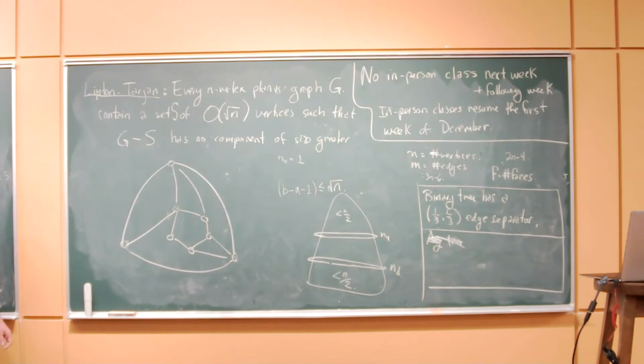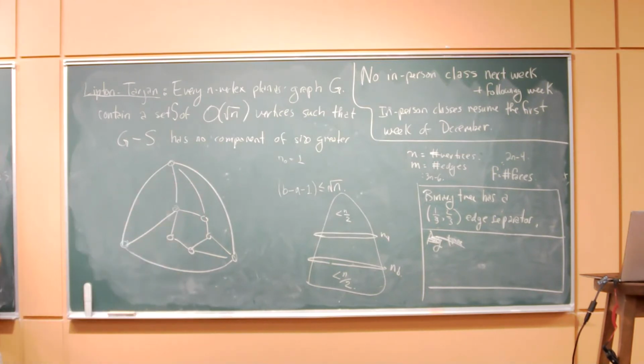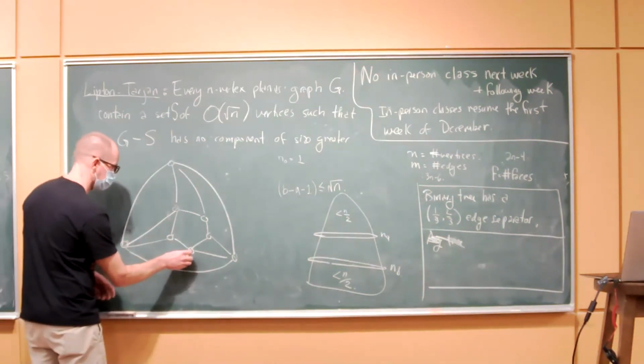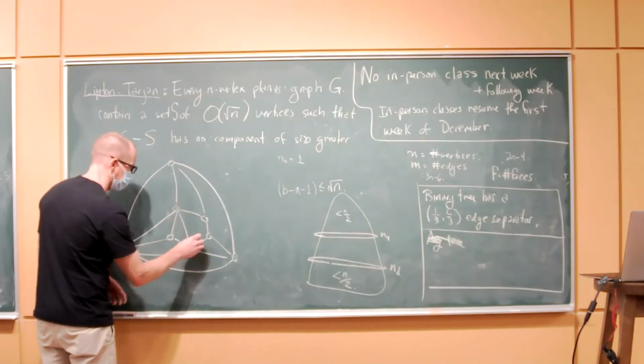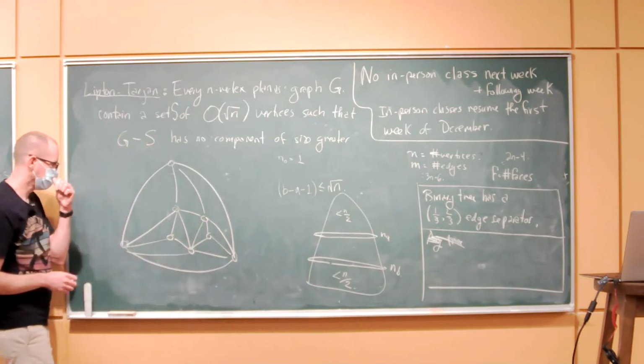No, because I can see faces that are not triangles, and on any face that's not a triangle, there's an edge that I can add between two vertices of that face to get one more edge in my graph. So I can triangulate my graph until I get something that has as many edges as possible.